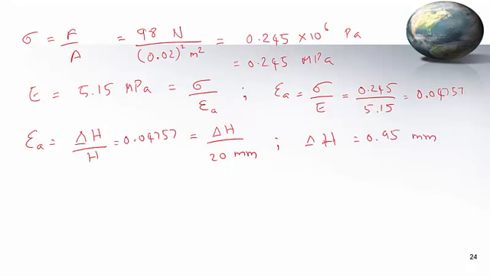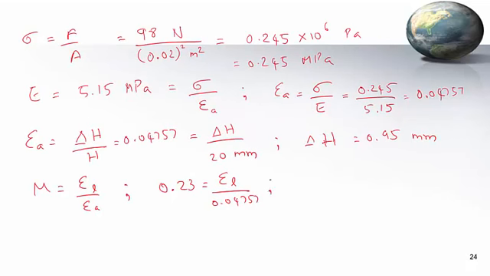Then the Poisson's ratio is the lateral strain over the axial strain. The Poisson's ratio is given as 0.23, which is the lateral strain over 0.04757.